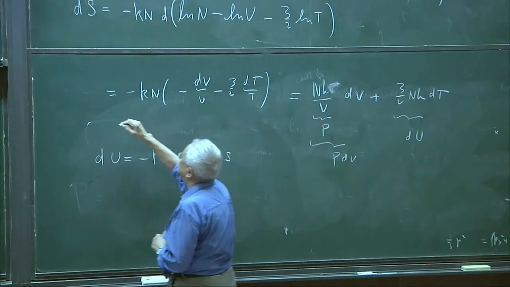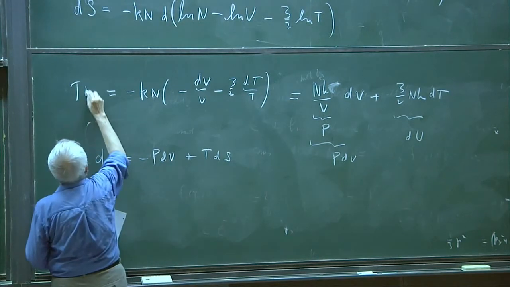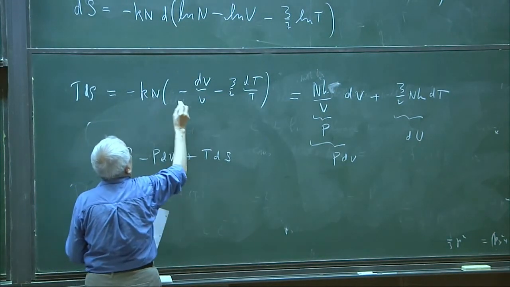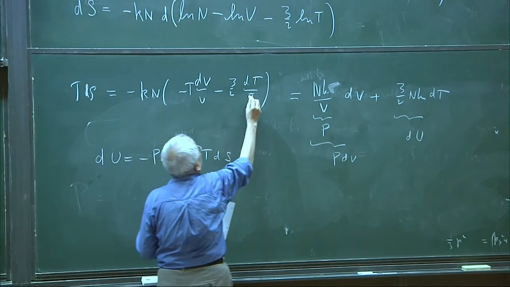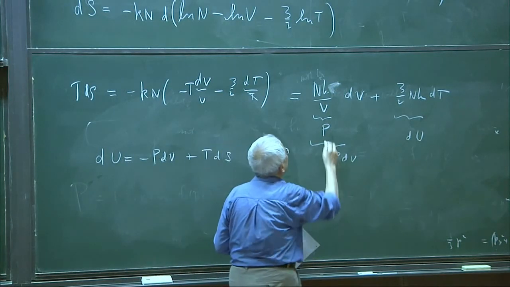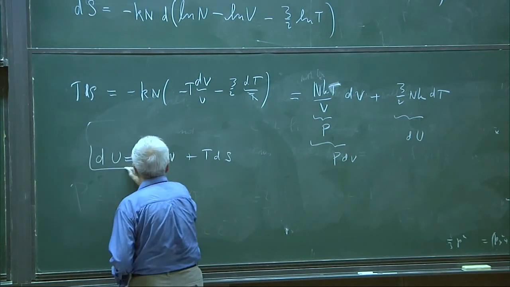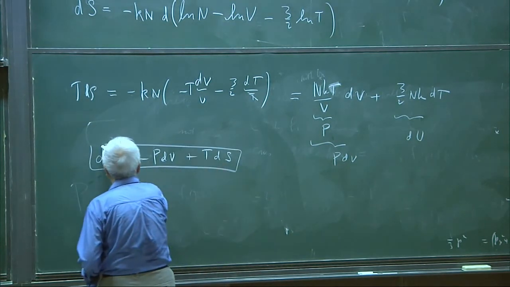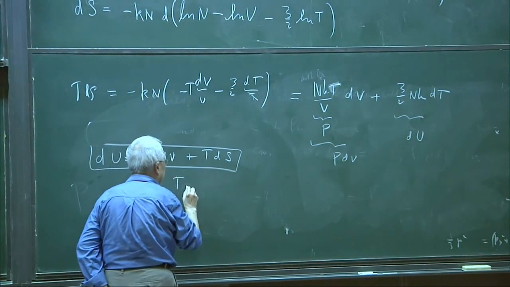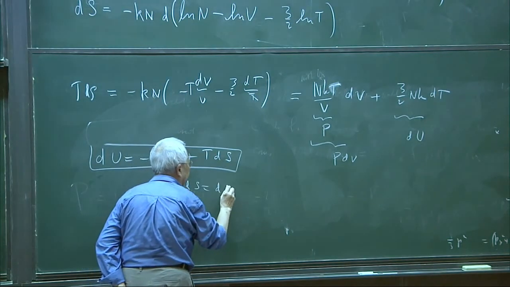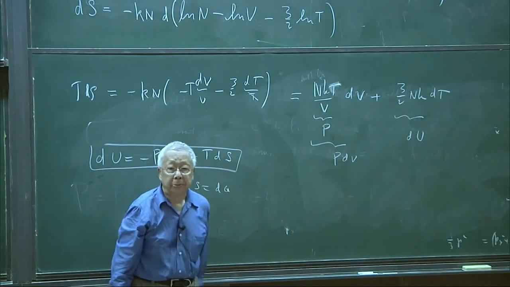So I see. So T dS is equal to, I put a T here and I cancel the T here. And then I'll get a T here and whatever here. So now this says that TdS is the heat added to the system. And that's the second law of thermodynamics.